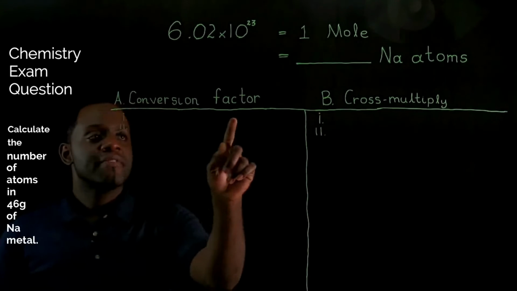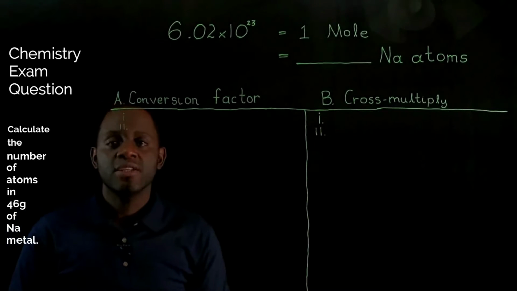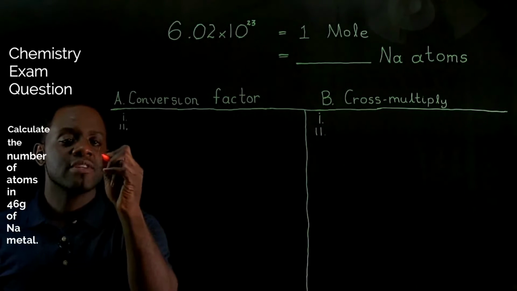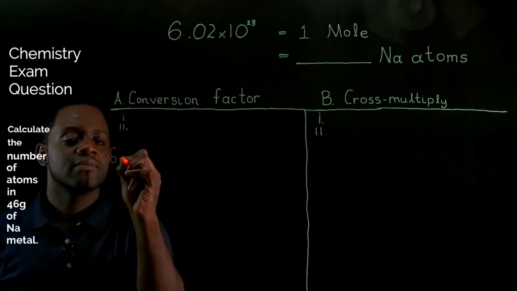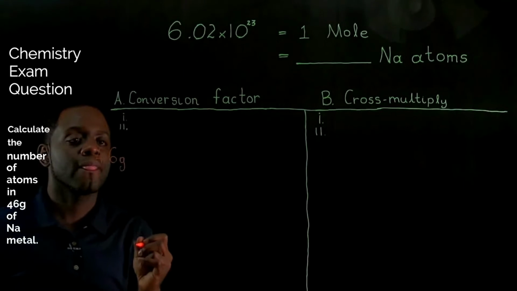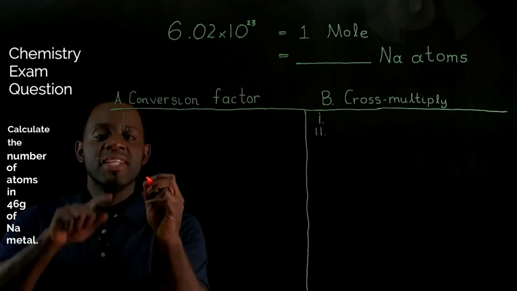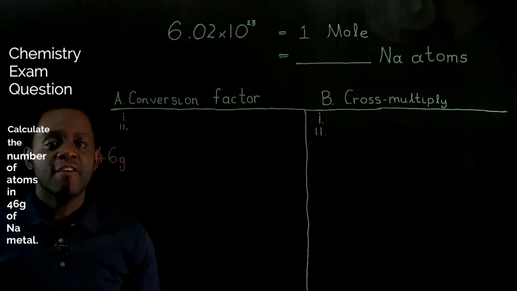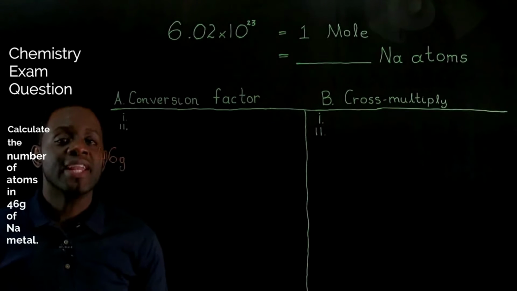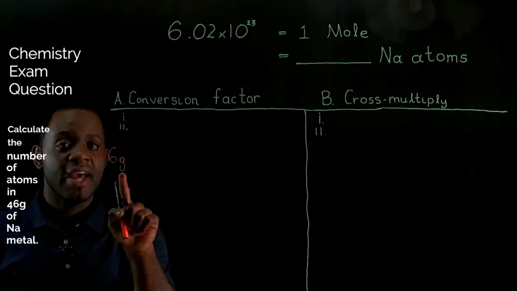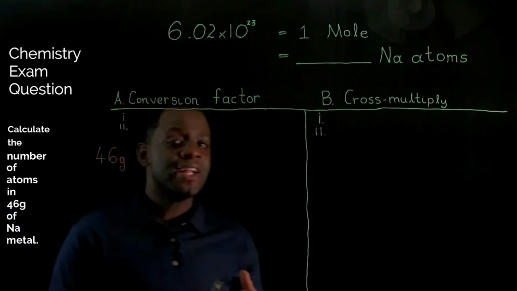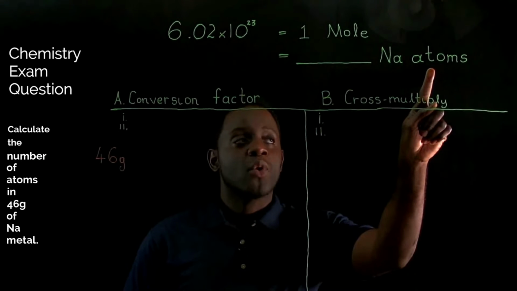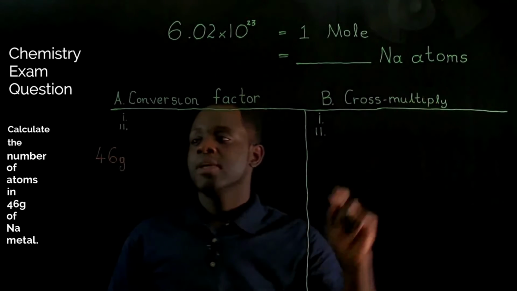When using the conversion factor method, we need to multiply the number given in the question, 46 grams of sodium, by a fraction, which will enable us to get rid of this unit and end up with our answer having the unit that we want based on what the question asks us for.